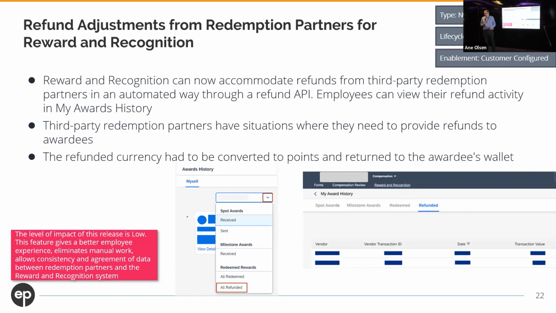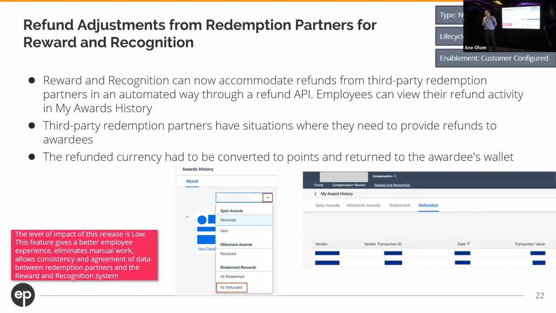Prior to this release, with a point-based award, you would use your points at a redemption partner that your company has an agreement with. If you bought something, or used your points for a flight, and it was suddenly canceled, you would have to get your points back.